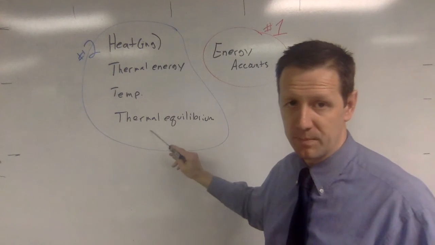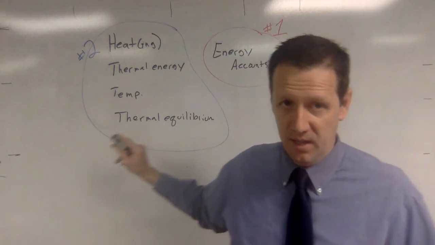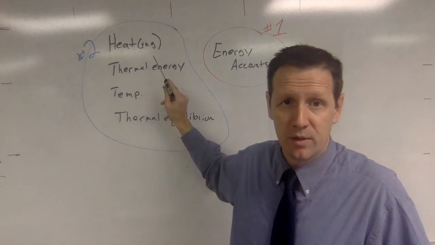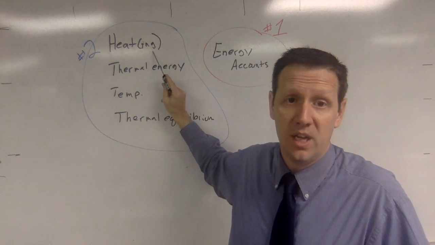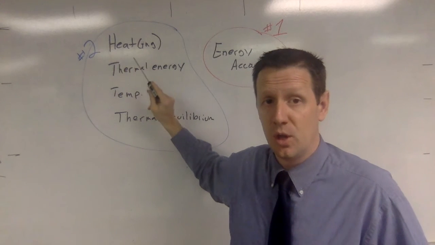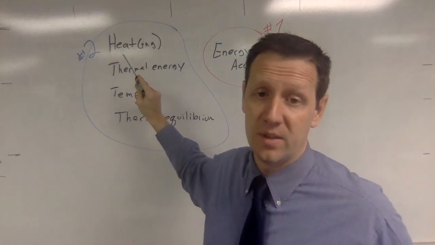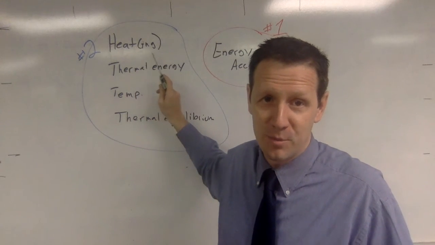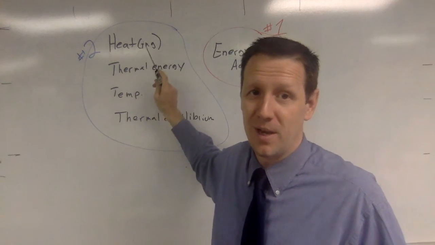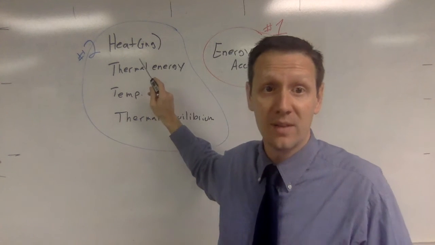Now, thermal equilibrium. This is important because when we're talking about thermal energy accounts, thermal energy is always moving from one place to another, from high to low. We're going to get that in the next chapter, chapter 22, because that's all about thermal energy movement: conduction, convection, radiation. That's the process of heating.